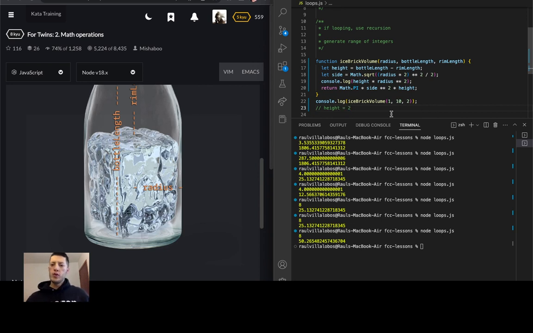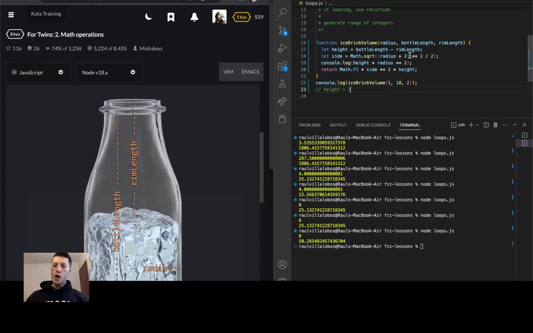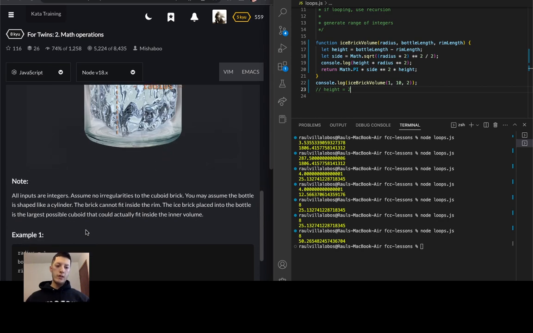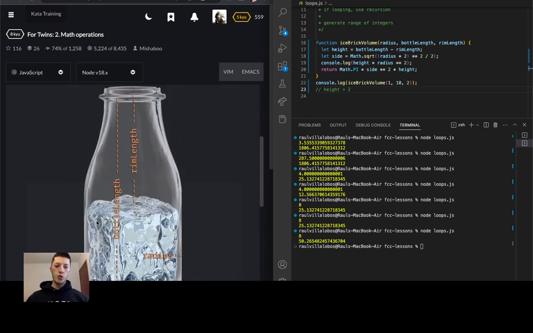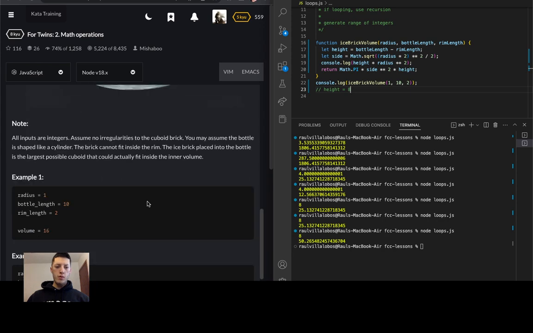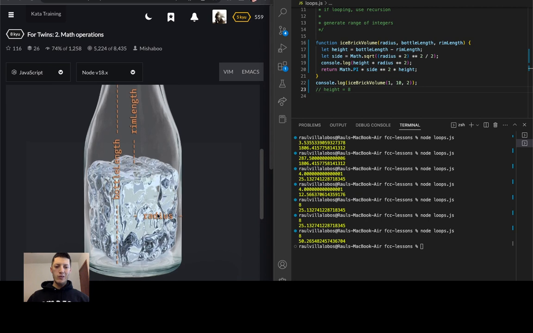Let me double check. Bottle length 10, rim length 2. So the height of the cube is not 2. Height of the cube is 8.